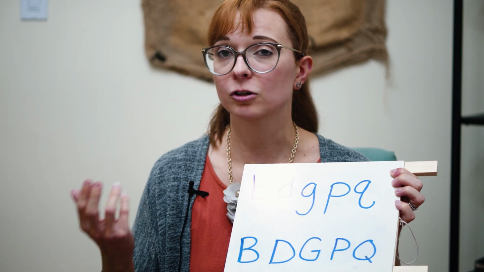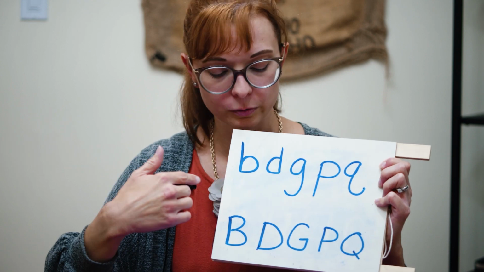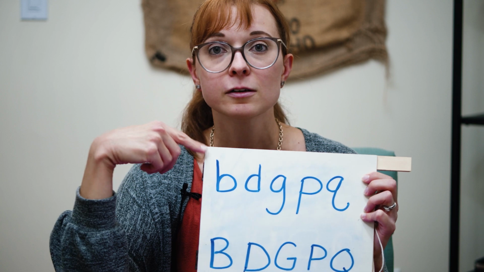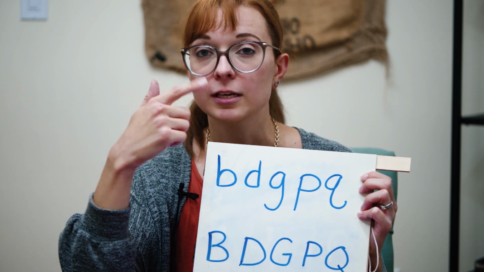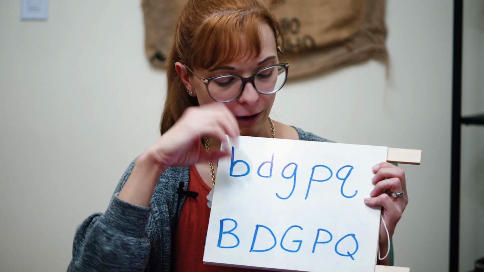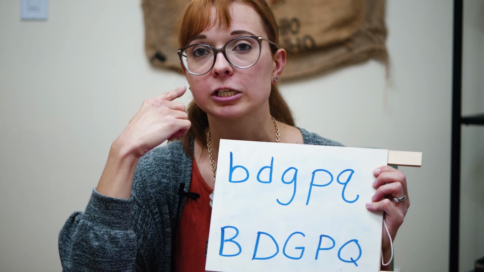One, uppercase letters are just easier to distinguish, okay? There are more differences between how the uppercase letters are written than there are lowercase letters. For example, I wrote here, the top row is lowercase: B, D, G, P, and Q. If you notice, all of them just kind of have a rounded bit with a long extension off of it.